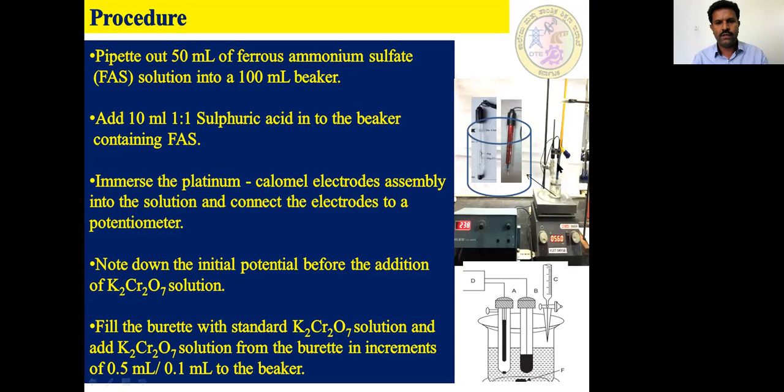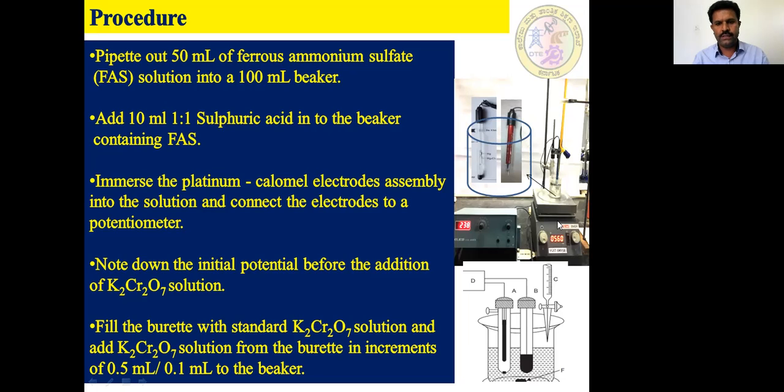After that, we should immerse 2 electrodes, that is the saturated calomel electrode and platinum electrode assembly, into the beaker containing solution. And these 2 electrodes are connected to the potentiometer.